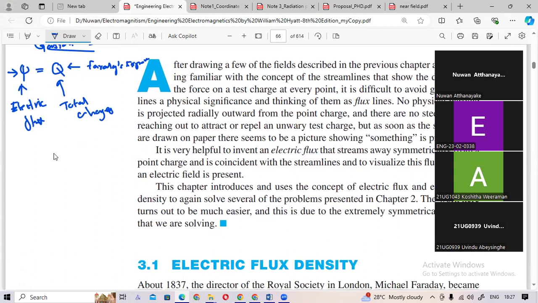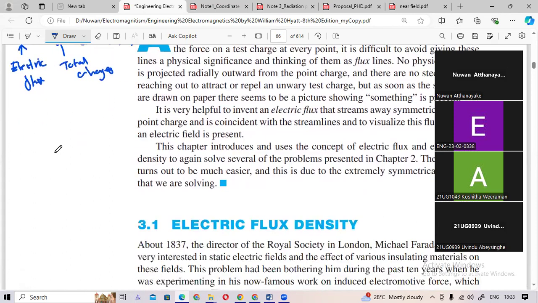This charge is measured using coulombs. So electric flux also can be measured using coulombs.